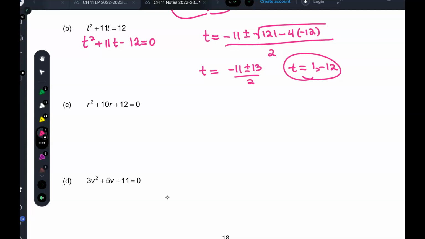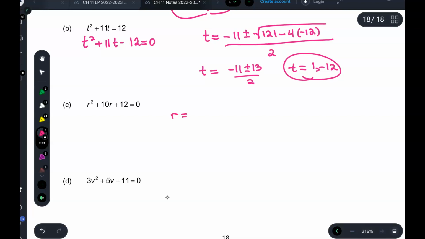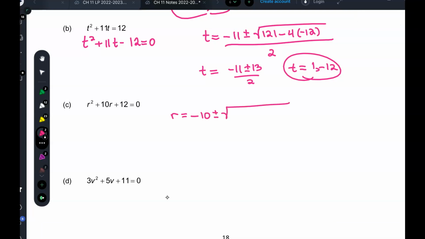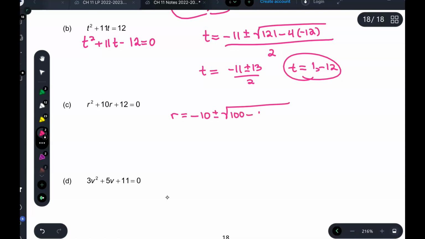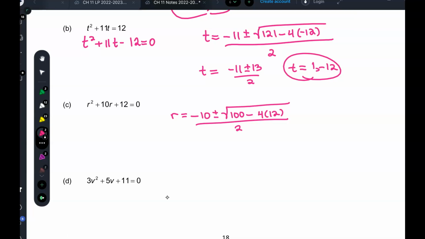If a problem like this comes on the test and it's factorable without doing the quadratic formula, if it says just solve, then you're fine. If I say solve using quadratic formula, so I get minus 4 times 12. 100 minus 48 under the radical, what will that be? 52.